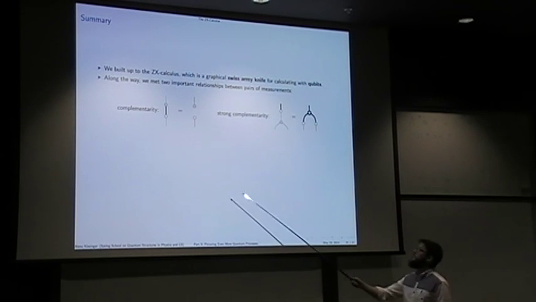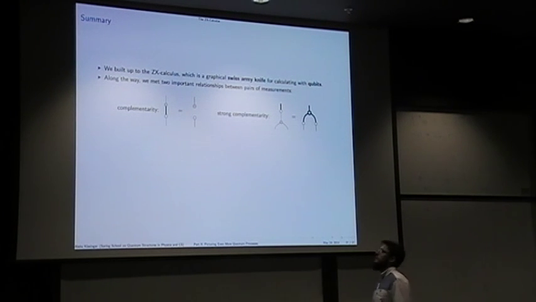So what I did was build up the ZX calculus, which, as I said, is this kind of Swiss Army knife for working with qubits. And then along the way, we came across these two important relationships between pairs of measurements. So we had this complementarity rule and this strong complementarity rule. Lots and lots of people have studied complementarity.